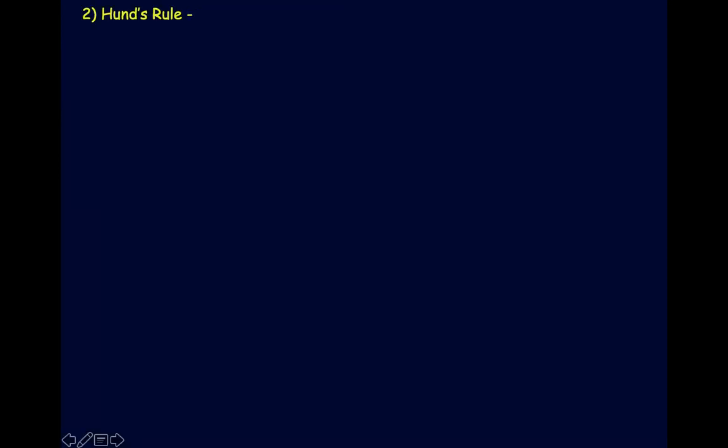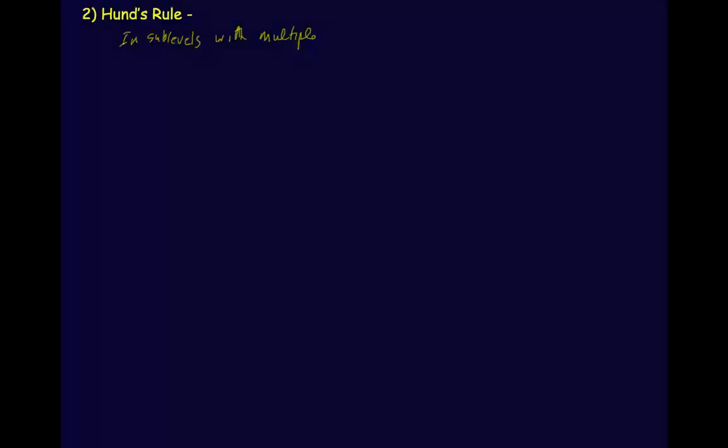Okay, Hund's rule. Again, these are all scientists that were part of this. You don't have to know exactly what every name is. I just want you to be familiar with the rules here and where we get the rules from. This one is in sublevels with multiple orbitals. Now, what does that really mean?